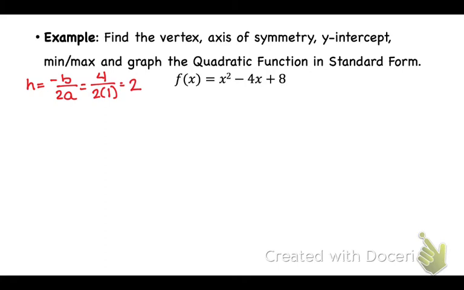K. So I find K by plugging in my H. Actually, you guys can plug it in shorthand. So 2 squared minus 4 times 2 plus 8. So that's 4 minus 8 plus 8, which is what? 4.